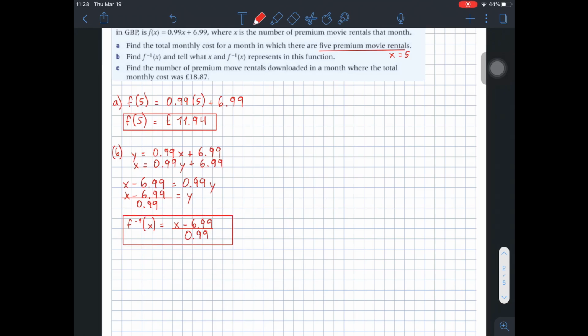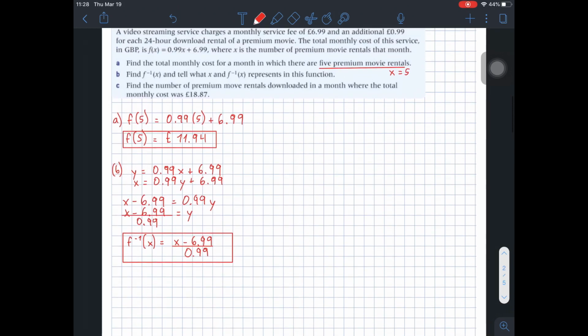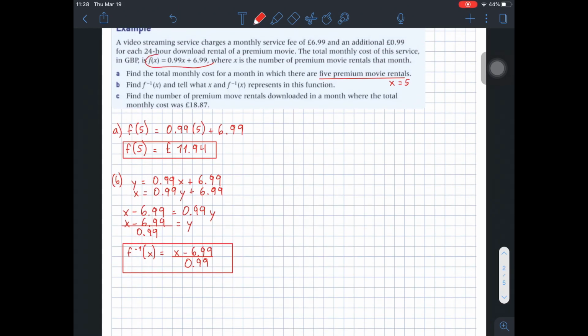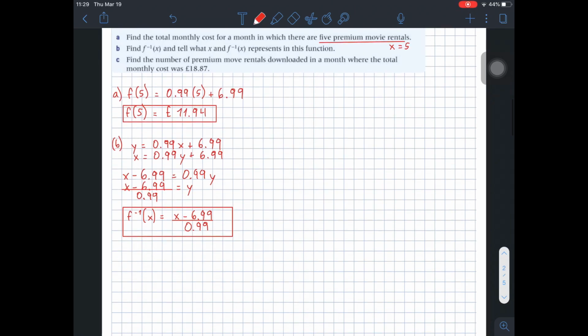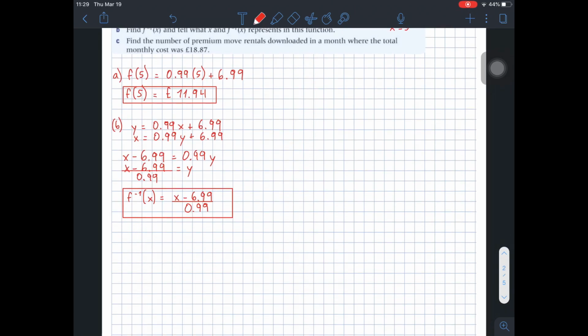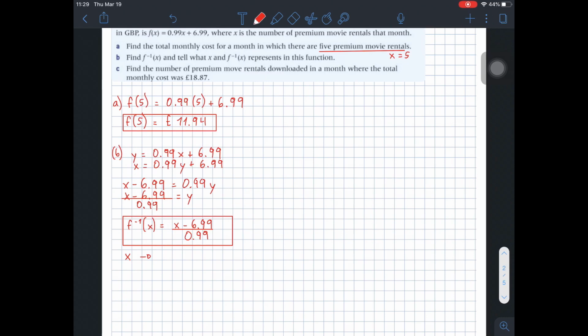Then it says, tell what x and the inverse of f represent in this function. Okay, so remember that in the first scenario, we said that x represented the number of premium movie rentals that month, and f of x represents the total monthly cost of the service. So in this case, the opposite occurs. We're going to say that x represents the cost, right?